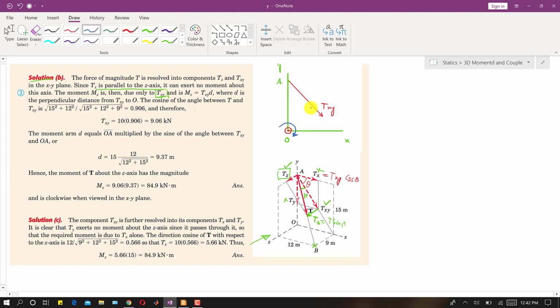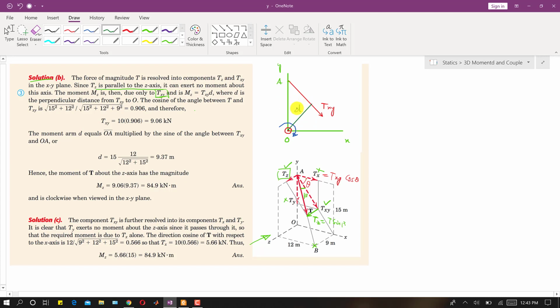Now we can find the perpendicular distance of this Txy from point O, or from the z-axis, and then we will be able to determine the moment of this Txy. If we draw that perpendicular distance, it will be like this.